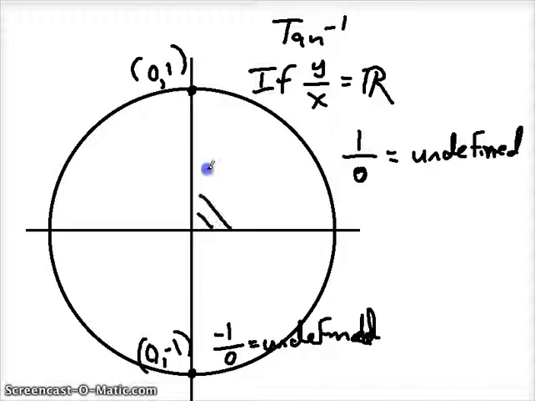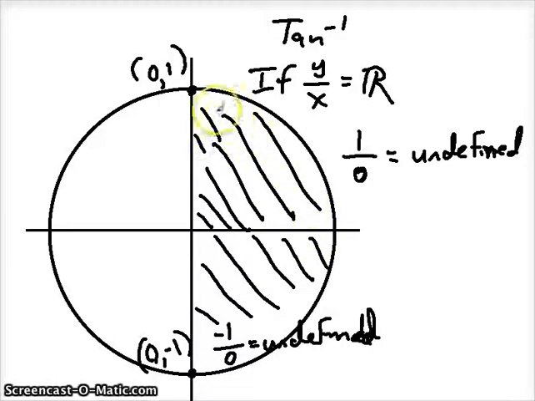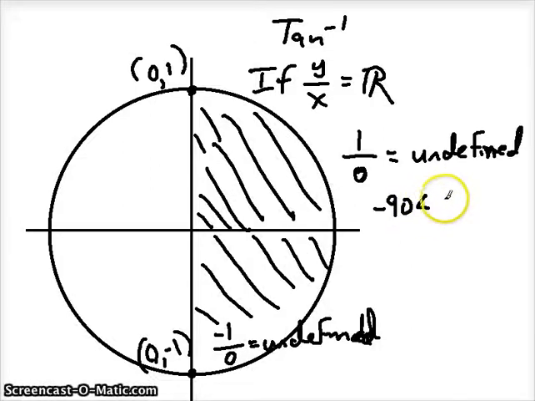So my possible angle measurements that I get from an inverse tangent function are everything in between negative 90 and 90, but not including. So what I can do is write without the or equal right there. So any angle measurement in between those possibilities.